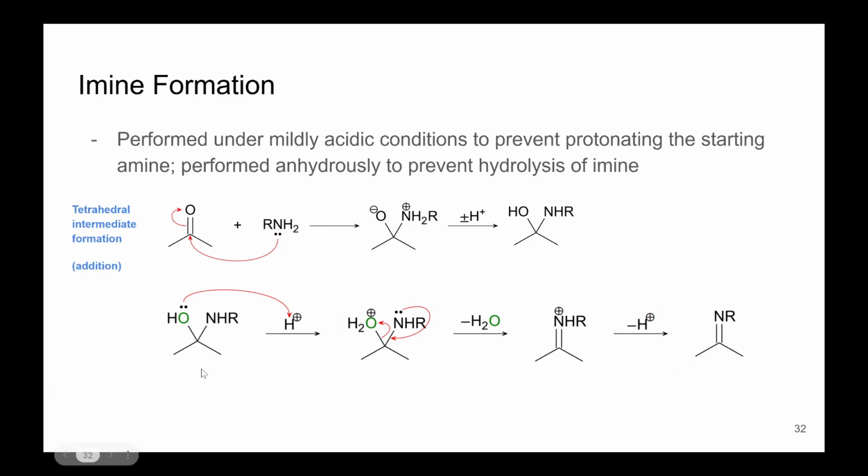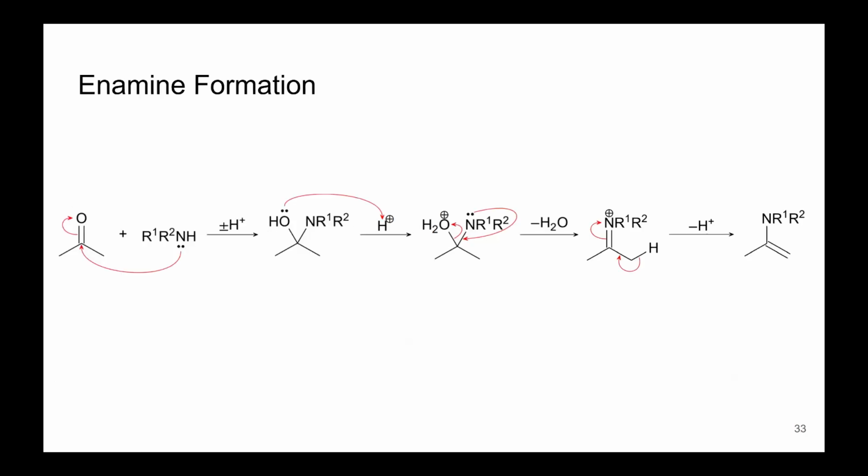So again, you have your tetrahedral intermediate formation, so you have your addition, and then you have your intermediate collapse to kick out the H2O leaving group. So that's your elimination step. So intramolecular proton transfer and your final product.